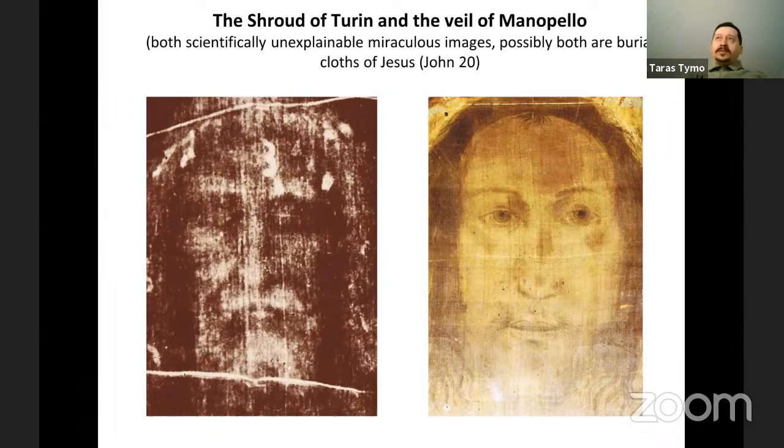And since these two things are mentioned in the gospel, and the gospels were written very carefully, that means that early Christians did know, and the first followers of Jesus did know and did remember about these two pieces. They are not mentioned just out of the blue. There must be a reason. They were relics of the early church.